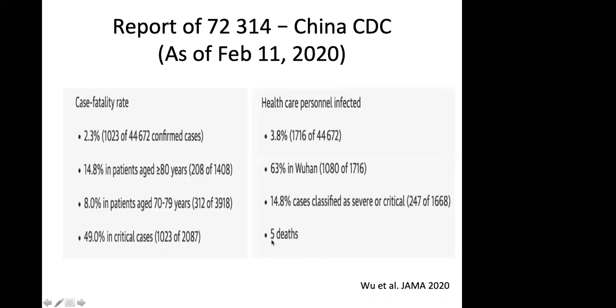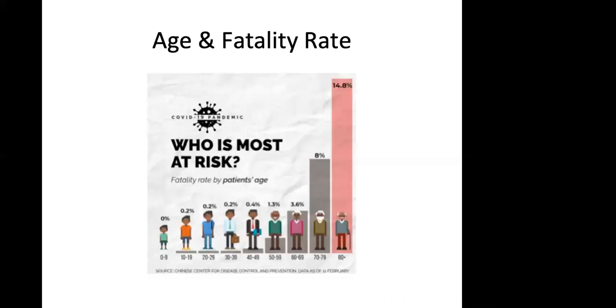So the relatively low number of case fatalities within healthcare workers may be related to early recognition and implementation of supportive therapy, or it probably is related to the fact that healthcare workers tend to be younger and possibly have lower comorbid conditions.